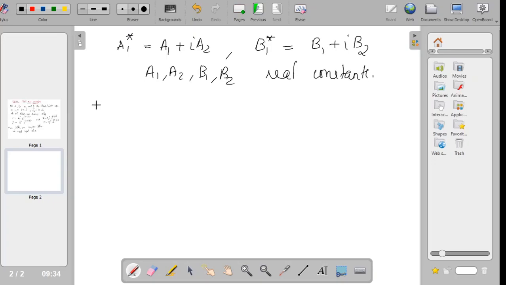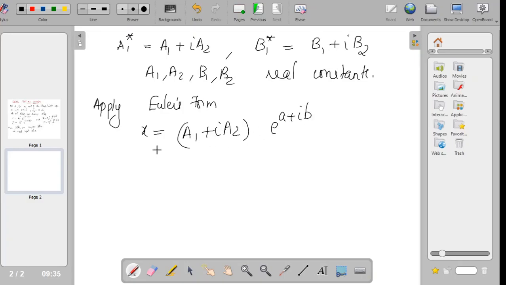Now we will apply Euler's formula. We took a1 star and b1 star. So the first pair of solution is x equal to a1 plus i a2 into e raised to a plus ib t, and y is b1 plus i b2 times e raised to a plus ib t.